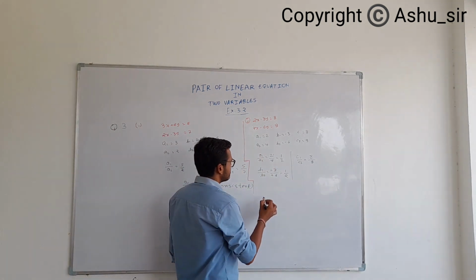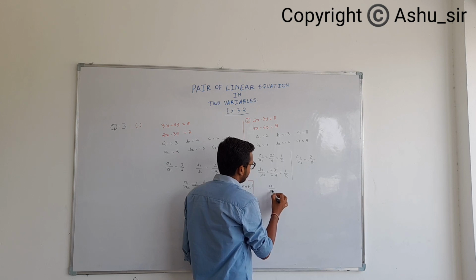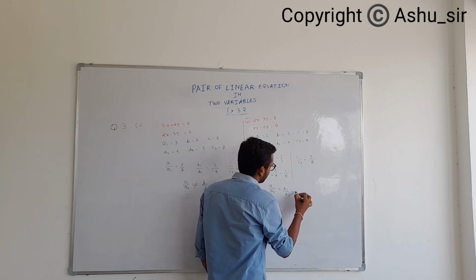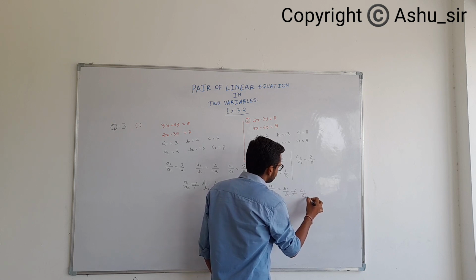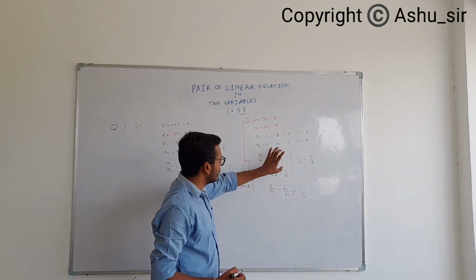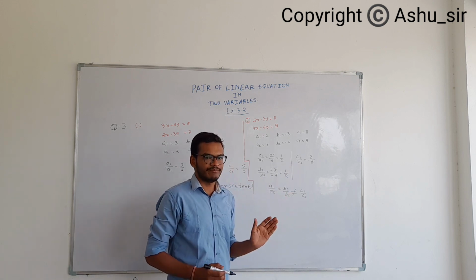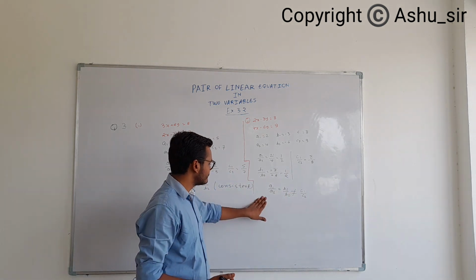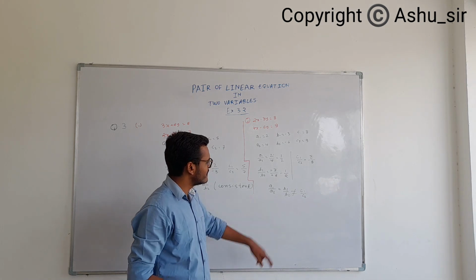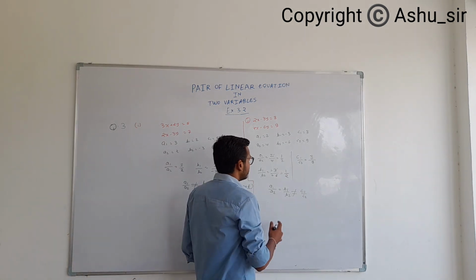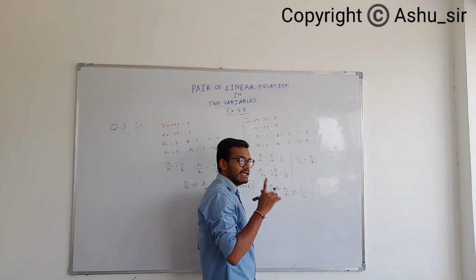Now you can see that a1 upon a2 is equal to b1 upon b2, which is not equal to c1 upon c2. So a1 upon a2 की वैल्यू b1 upon b2 की वैल्यू के बराबर है, लेकिन वो c1 upon c2 के इक्वल नहीं है, right? Which means that it has no solution, and therefore it is inconsistent.